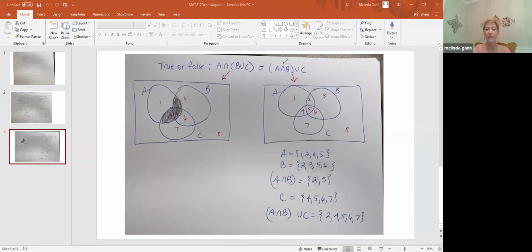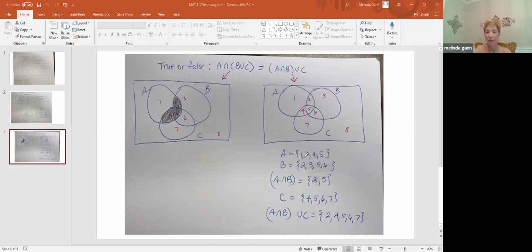Now, in this one, I've got to do A intersect B first because it's in a parenthesis. So I went and looked. Remember, I drew my rectangle and I drew my sets and I numbered my regions again. Well, in A, I have pieces 1, 2, 4, 5, so I wrote that down. In B, I have pieces 2, 3, 5, and 6, and I'm supposed to intersect that. Remember, that's what's in both of them at the same time.